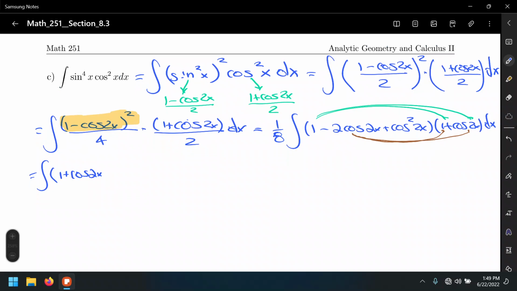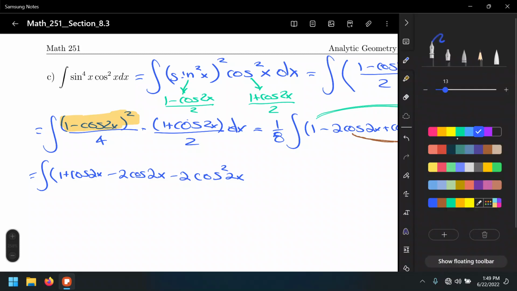That's negative 2 cosine 2x and minus 2 cosine squared 2x. So far so good?